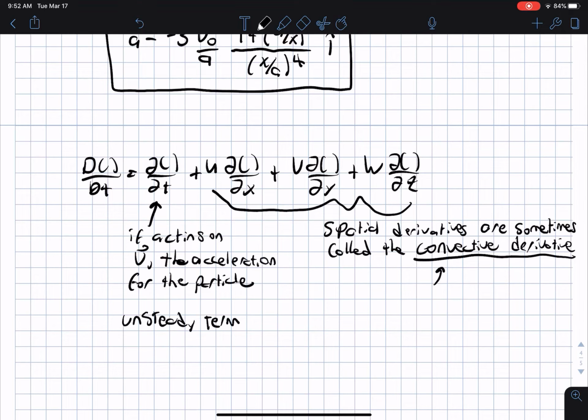Okay, and so this term here accounts for the unsteadiness, and this term here accounts for the convective effects as the fluid particle moves from, say, point A to point B in the velocity field.